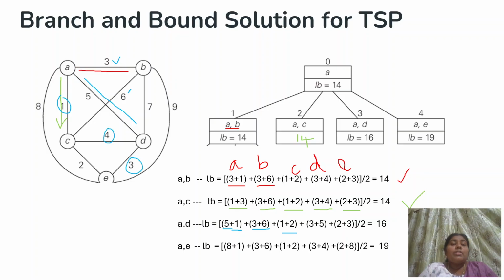But we have to select A to D, it is a must, because there is a path. So it's a partial tour. So I want to select this A to D. So instead of this 4, I am going to select 5 as well as 3. So this is given as 3 plus 5, and for the E node it is 2 plus 3. So what is the lower bound value now? That is equal to 16.